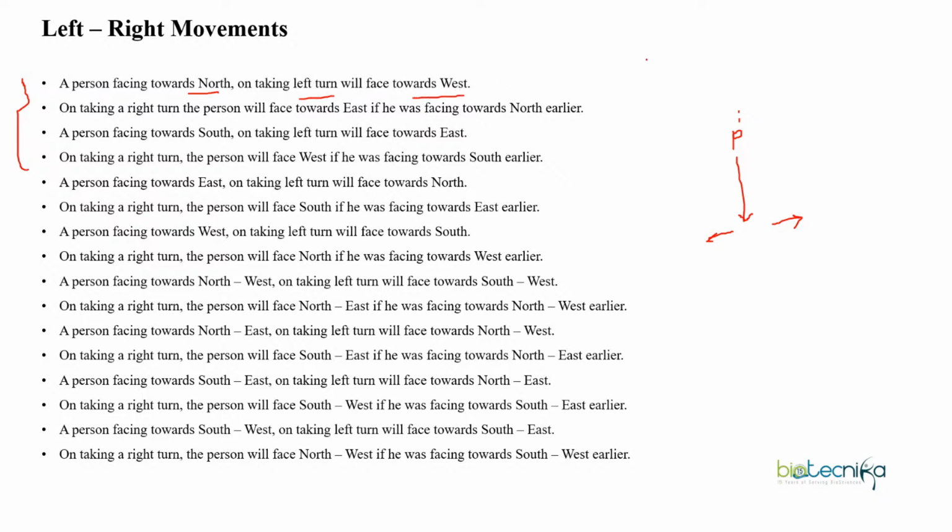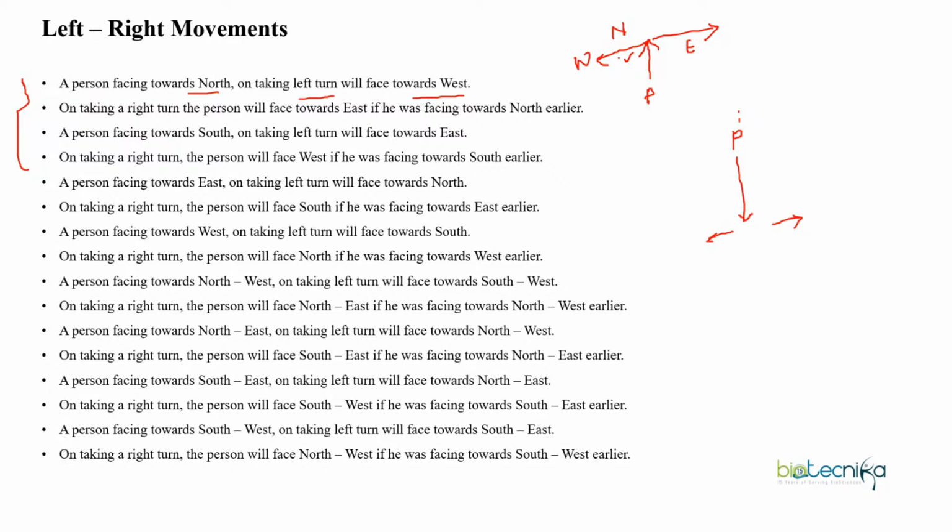That means if this is the person and he is facing towards north, and takes a left turn, then the face would be towards west. So this would be the left turn. And if he faces towards the east, then this is the right turn. So this is how you can determine what is the left turn and what is the right turn for a particular person.